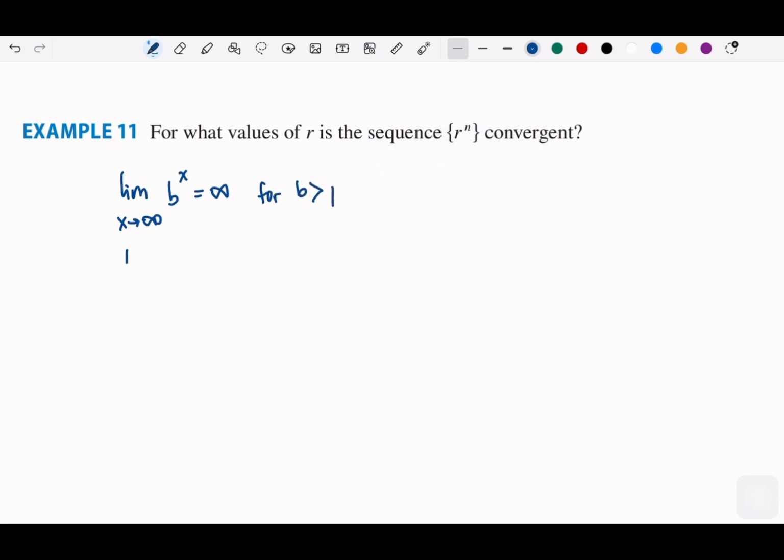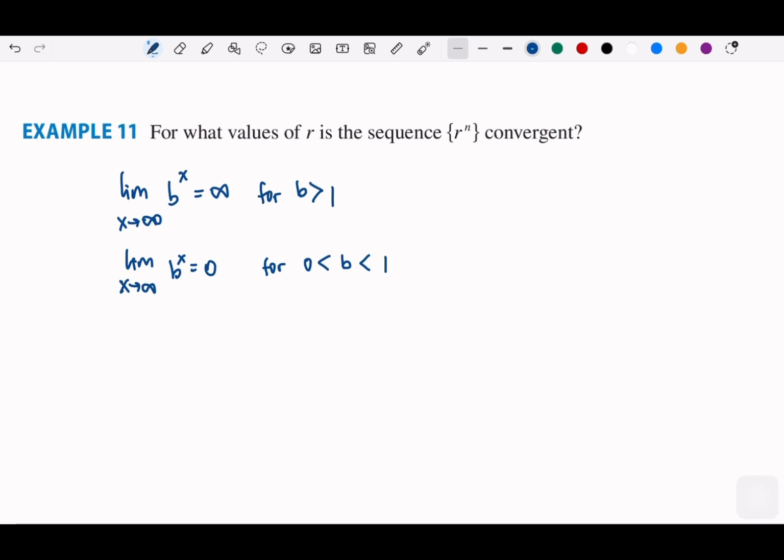Okay, and then the limit equals 0 for a number between 0 and 1. It means a fraction. Well, you could check using e to the power of x.